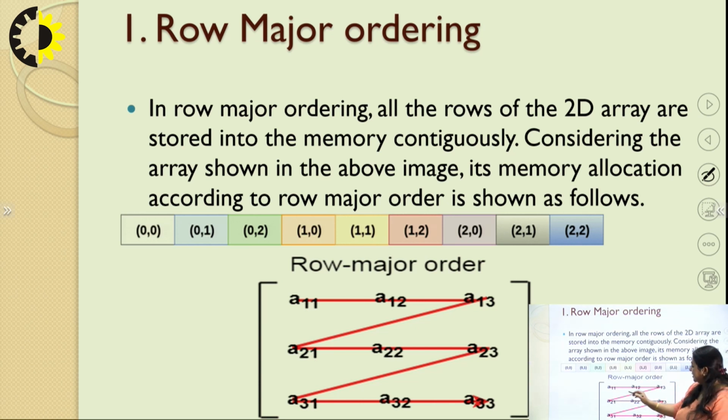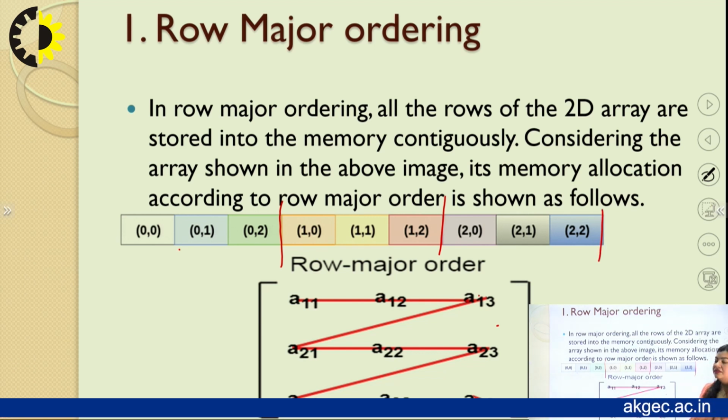Here the first row stores the index values A00, A01 and A02. That means the first row is complete. Then start the second row: 10, 11 and 12. Here the second row is complete, and then start 20, 21 and 22.